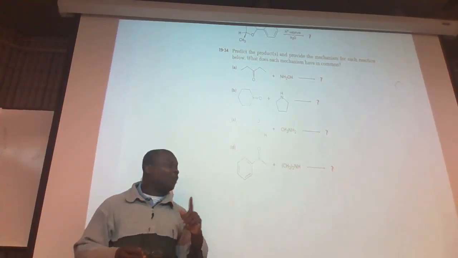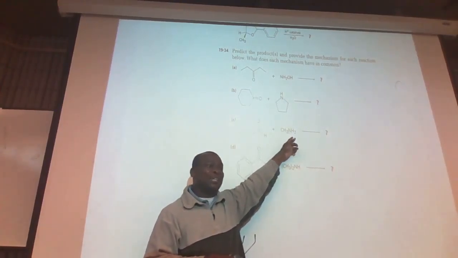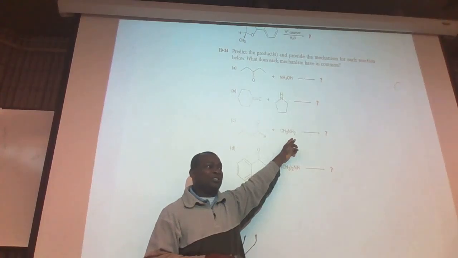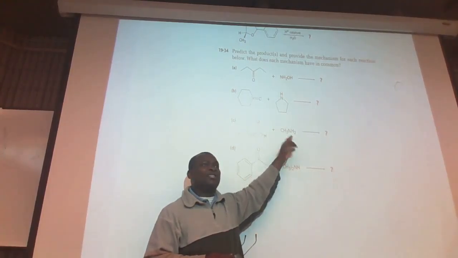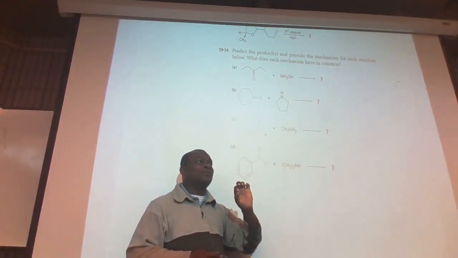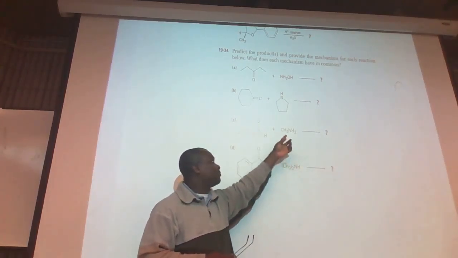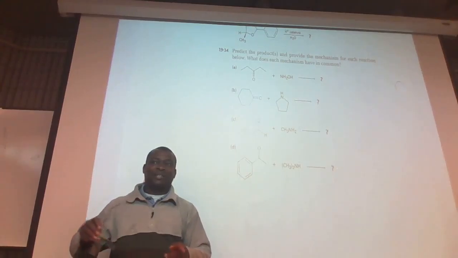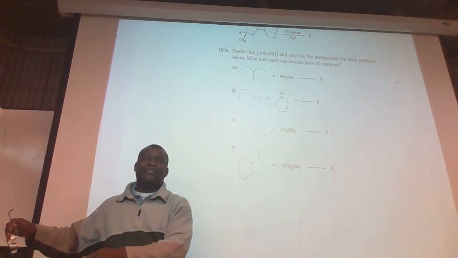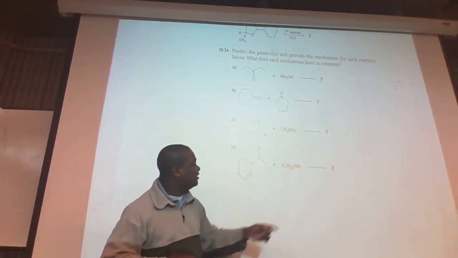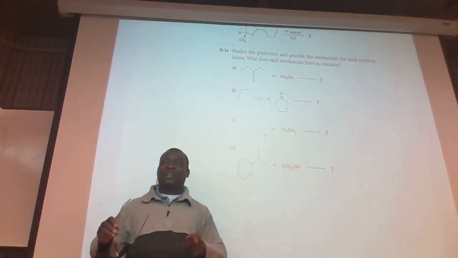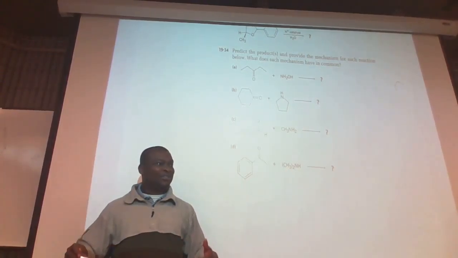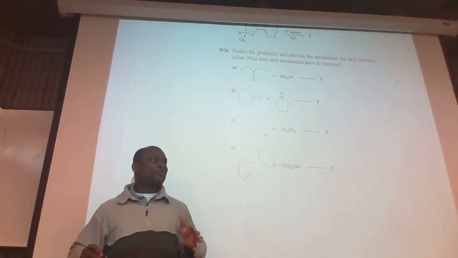So the product you form will depend on the type of amine you're using. The first thing you want to look at is what type of amine am I using? If it's primary, like in this case, you know that you're forming what? Imine. But if it's secondary, like in this case, you're forming what? Enamine. Simple. So that's where you have to start from.